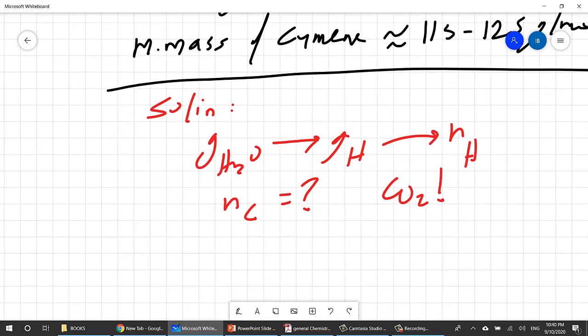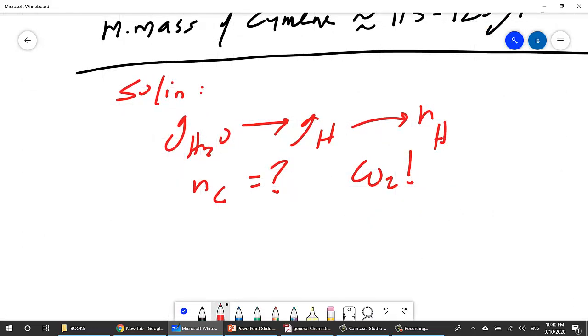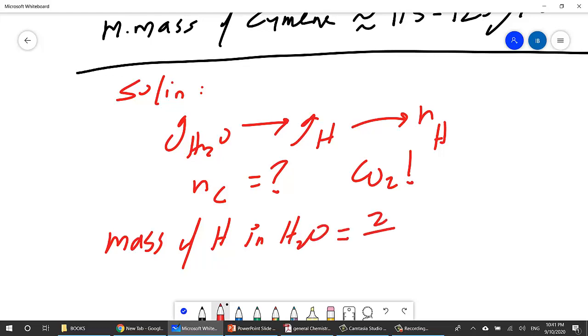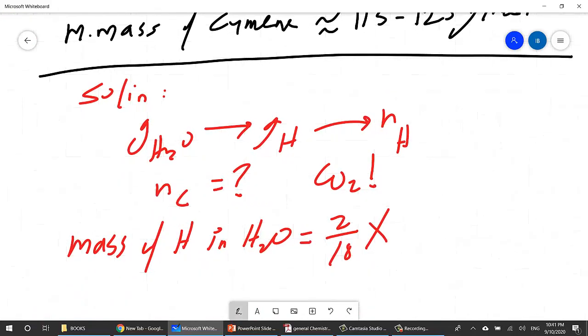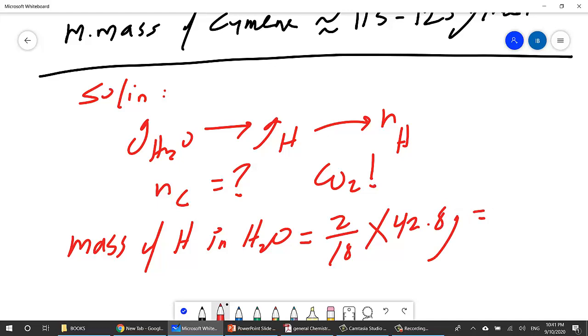So let me show you how. First, the mass of hydrogen in the sample, from H2O, is equal to the mass percent. In this case, it's 2 over 18 because hydrogen in water is 2. That's the idea of the mass percent, times the mass of water, which is 42.8 grams.